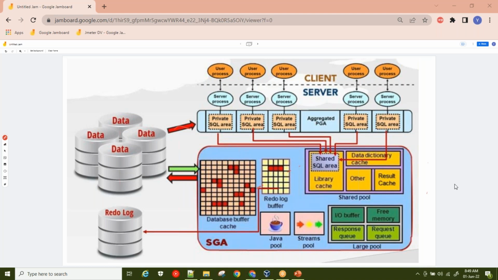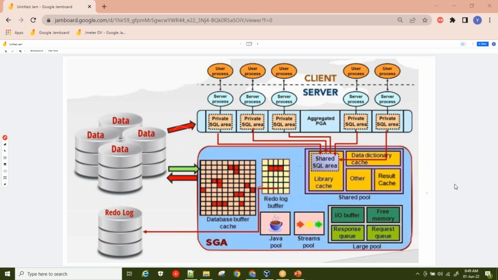So about the redo log, I guess everyone is clear, right? What is the redo log buffer? This process is constant: writing and deleting.